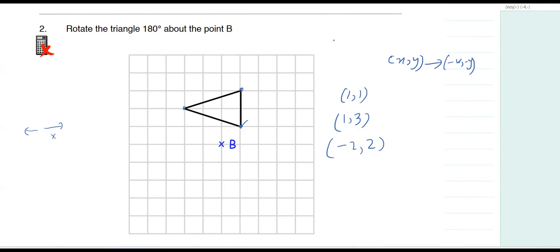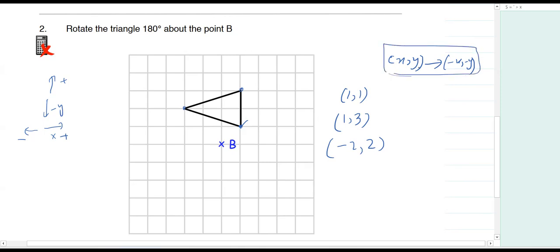So if you are going on the left side horizontally, the x coordinate of the point would be negative 2. And going up means positive. Going up for the y, it will be positive; if you are going down, it will be negative. Going right, it will be positive. Going left, it will be negative. So we wrote these points. Now, as we are rotating 180 degrees, we will change them under this rule.